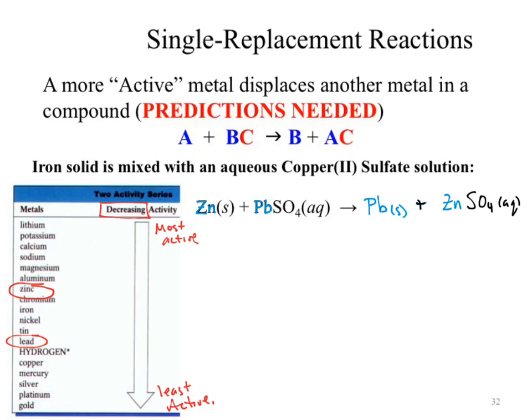It's higher up on our activity series, and since we said the highest up was our most active, zinc wants to be in a compound or in its ionic state, its charged state. So now look at our equation. Where is zinc in a compound? On the reactant side or the product side? It's on the product side, which means this reaction does actually occur.